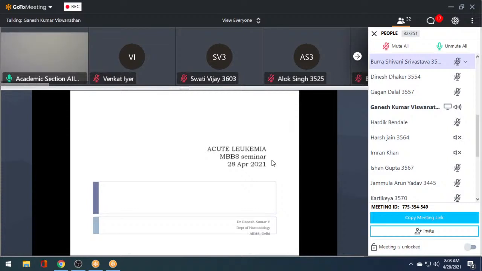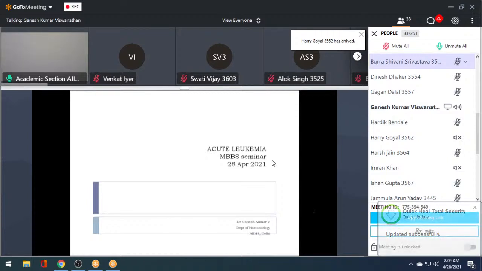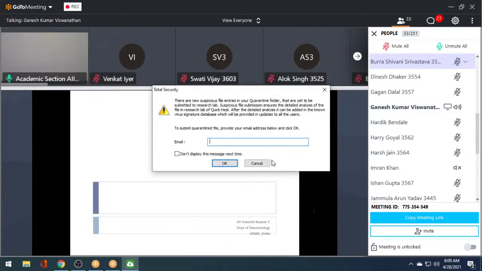We will learn about the various tests that we do in the lab, starting from the basic morphology, and then the other special tests which we do to classify and prognosticate this group of disorders. Then we will talk deeply about the treatment, and then we will end the class.